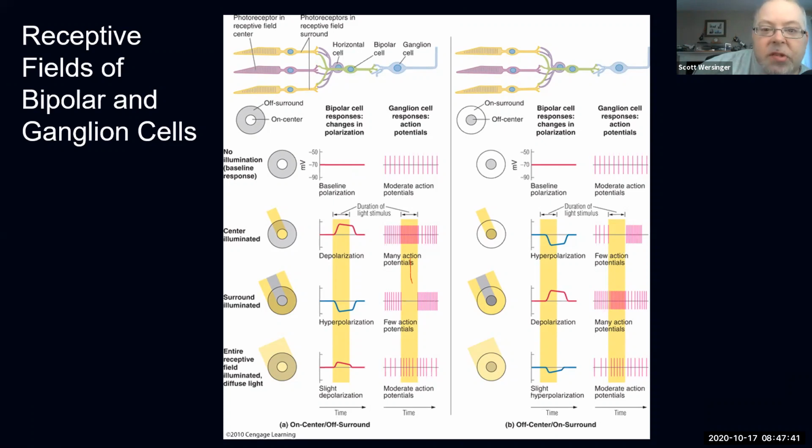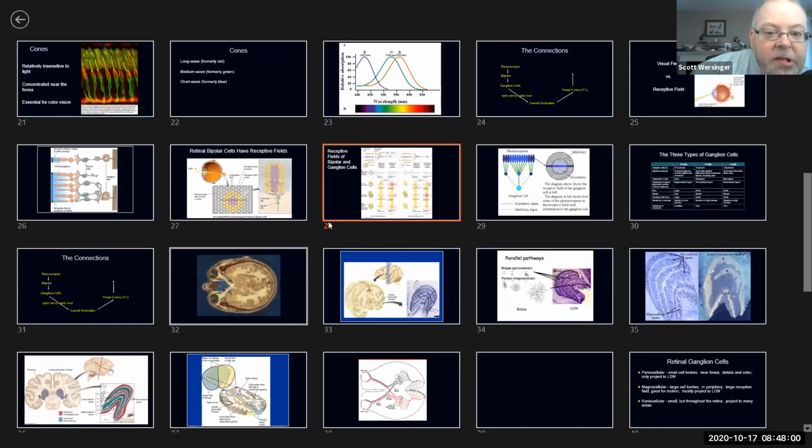Okay, and so that's what's going on here in the retinal ganglion cell. Our bipolar cell, again, at rest, but our ganglion cell, every once in a while, just because, fires off an action potential.